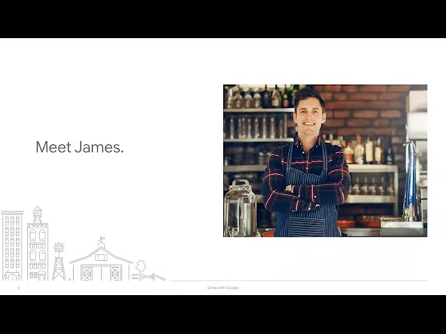So not just a take and go kind of pizza shop, but a pizza restaurant where he served craft cocktails and experimented with recipes and serves beautiful food and fun drinks and creates this really great experience. So James is like many typical small business owners.